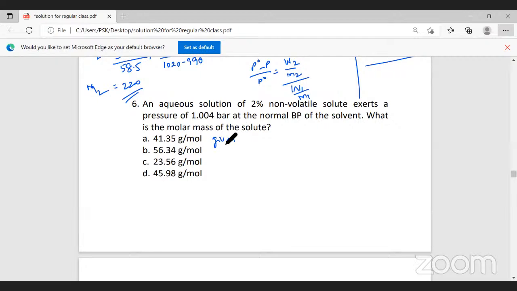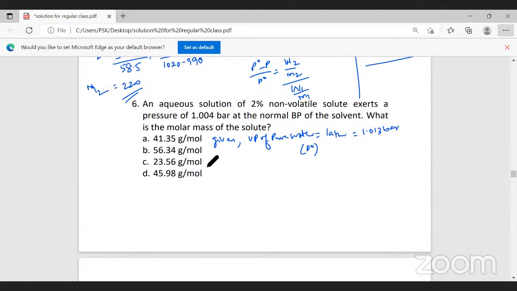They have given the vapor pressure of pure water. You should remember what that is. The vapor pressure of pure water is 1 atmosphere pressure, and 1 atmosphere is 1.013 bar. So atmosphere is also one of the units to express pressure. So P naught of pure water is 1.013 bar.